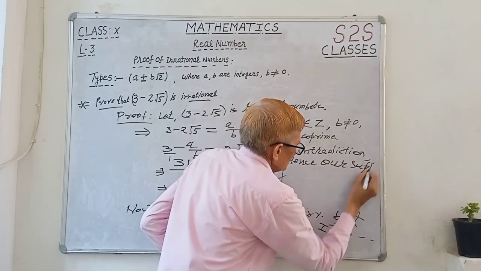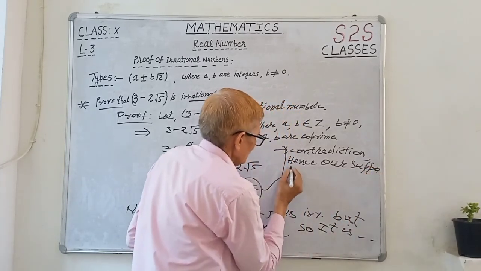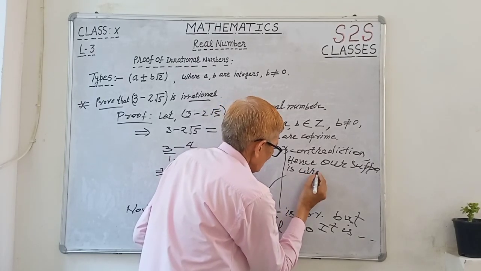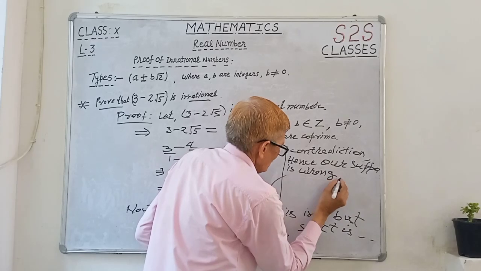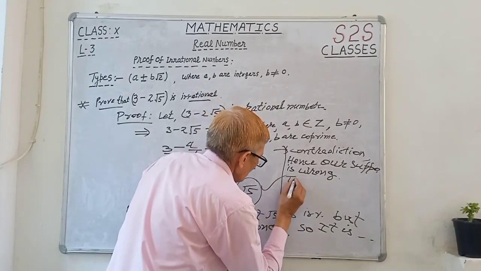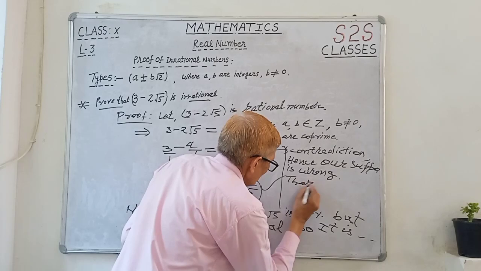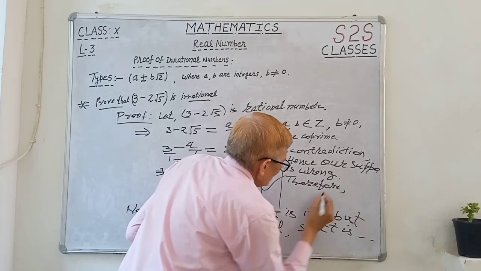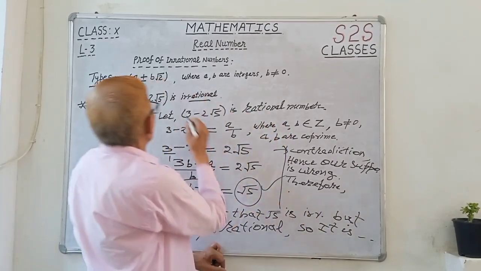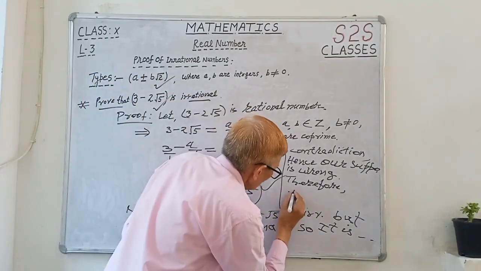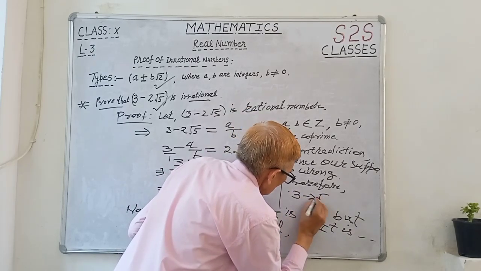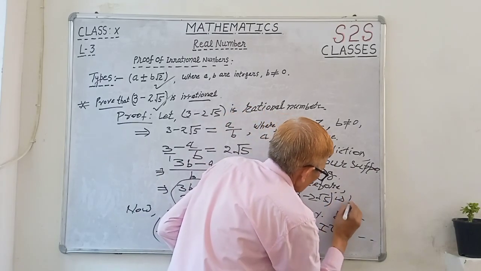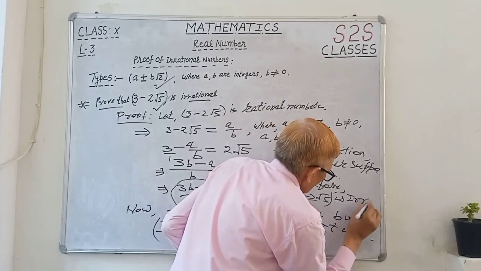Therefore, the number which is given, 3 minus 2√5, is irrational. Hence proved.